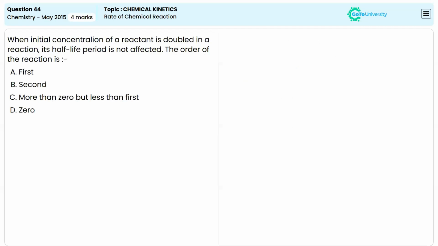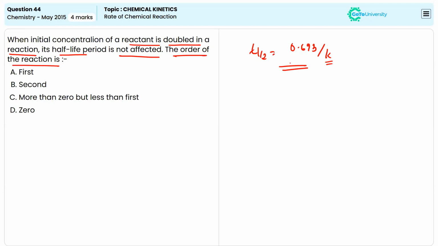Next question. When the initial concentration of the reactant is doubled in a reaction, its half-life period is not affected. Then what will be the order of the reaction? Okay, so the initial concentration of the reactant is doubled. That time the half-life is not affected. We can write the half-life is equal to 0.693 divided by K. So here T half is depending only on the rate constant.